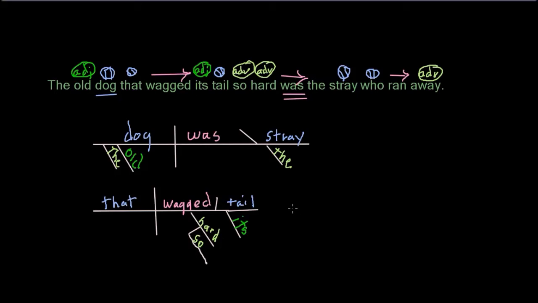Okay, let's go ahead and do our second relative clause. Who ran away? Modifying the stray. Which stray? The stray who ran away. Our subject is who.